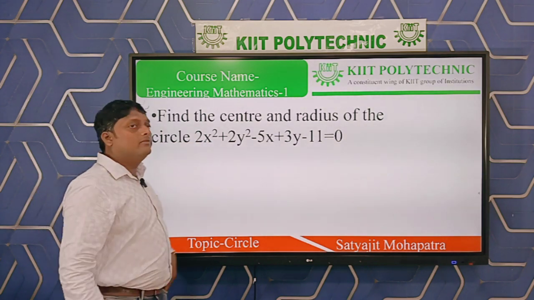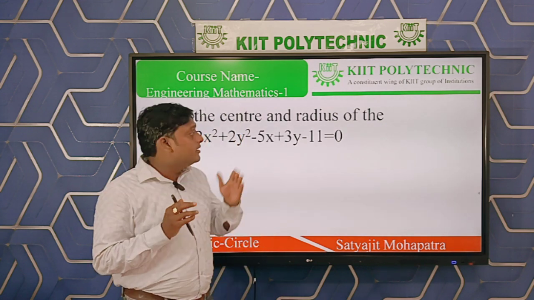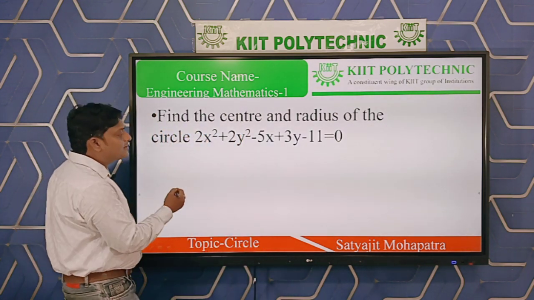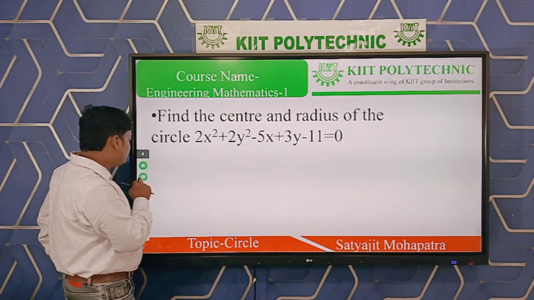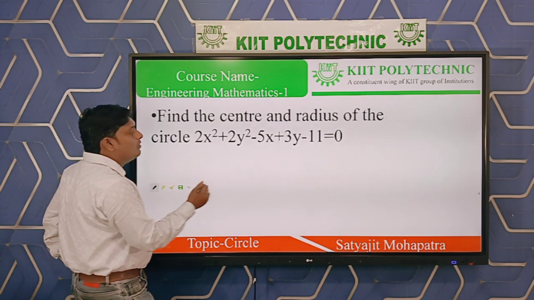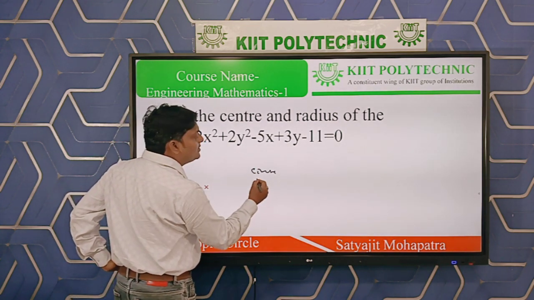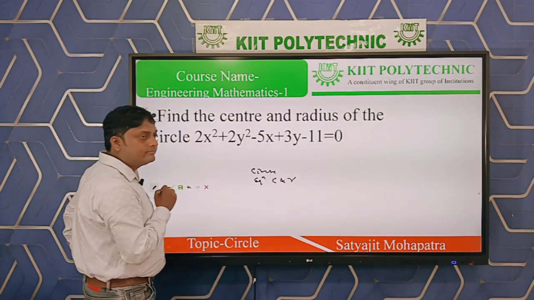Whatever we have covered: first the equation of the circle, the general equation of the circle. What we have covered in these slides, I am writing down. We have covered the circle, then its equation when the center and radius are given.